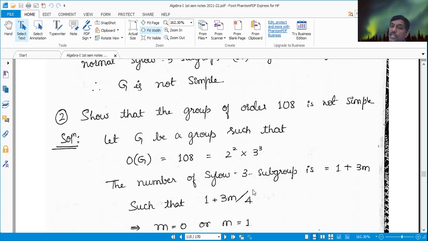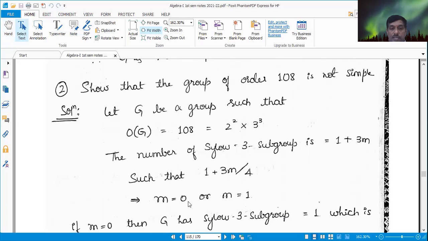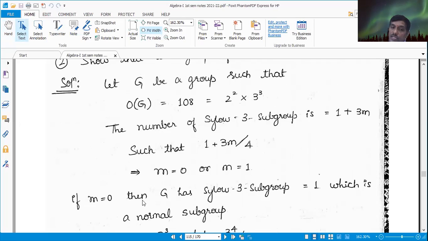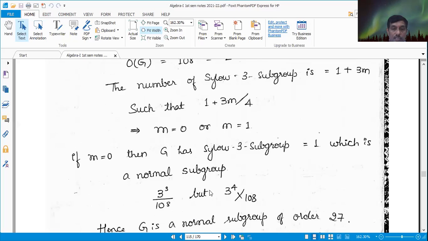The number of Sylow 3-subgroups is in the form of 1 plus 3m, and it divides 4. Therefore, m must be 0 or m must be 1. If m is equal to 0, then G has a Sylow 3-subgroup of order 1, which is a normal subgroup.